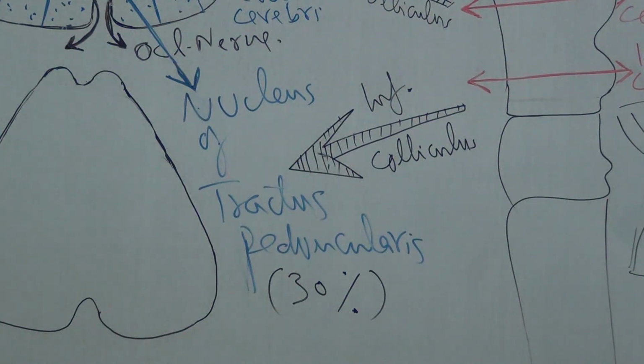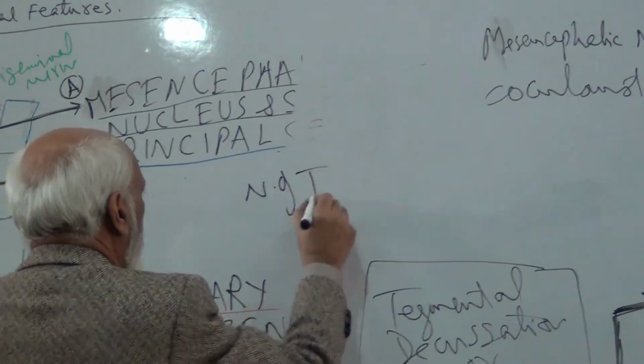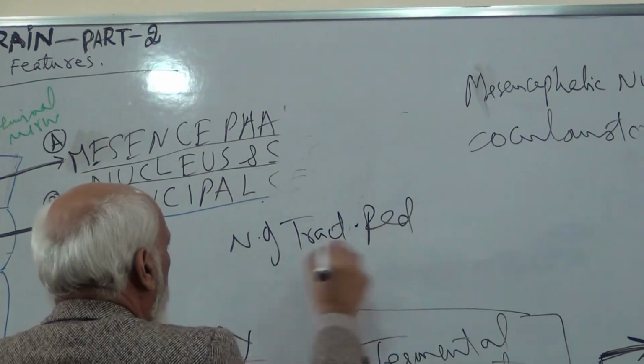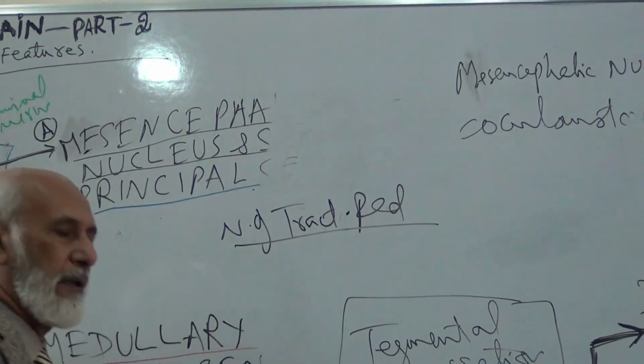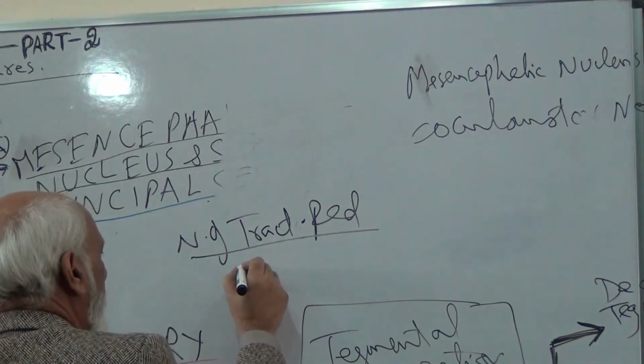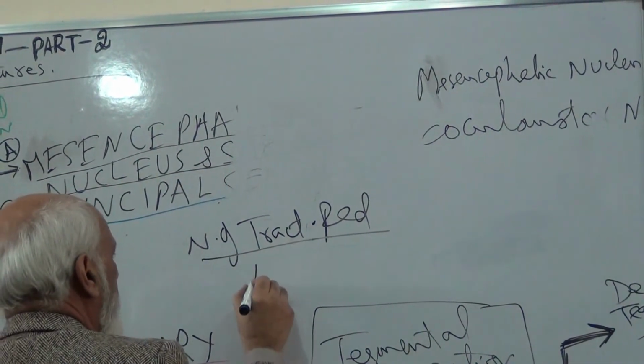Now, this nucleus of the tractus peduncularis: its afferent fibers arise from the optic tract.